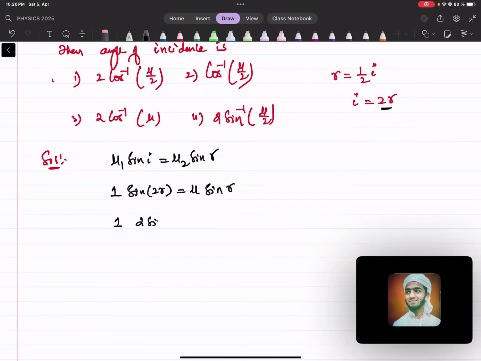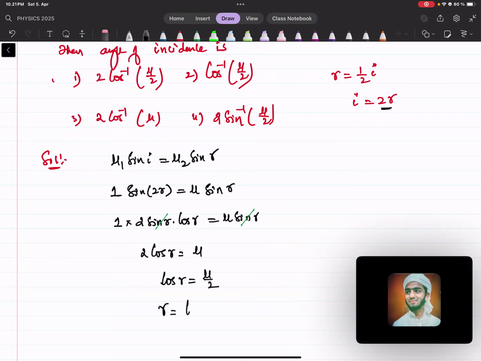This one is 2 sine r into cos r equals mu into sine r. Is anything getting cancelled, beta? This sine r will get cancelled. So this will be 2 cos r equals mu. That means cos r equals mu divided by 2.